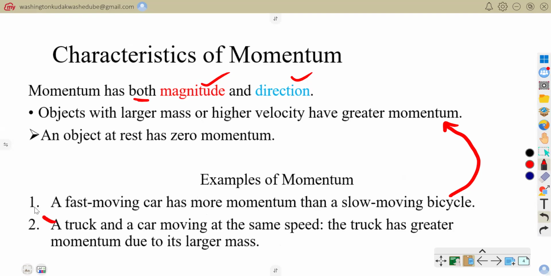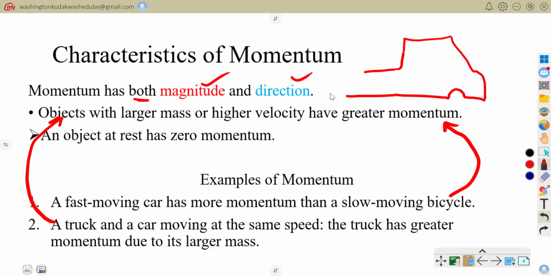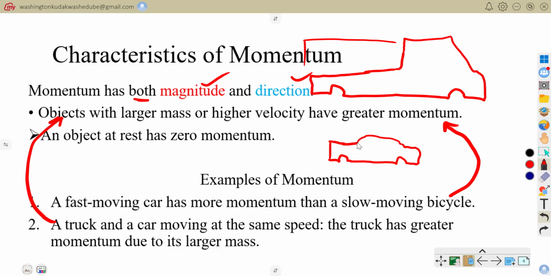So this would also directly translate to that characteristic, whenever you have a truck that is in motion, as well as a smaller car. Pardon my drawing, I'm just using my elementary school drawing.